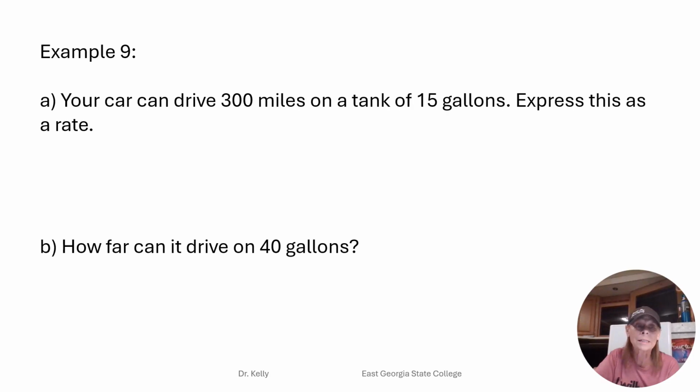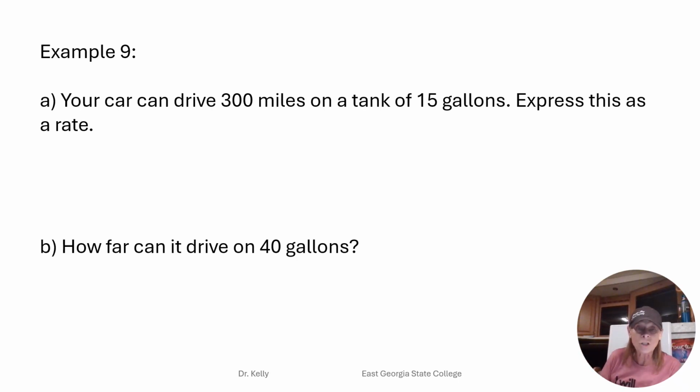Let's look at the next example. The next example says your car can drive 300 miles on a tank of 15 gallons. Express this as a rate. So this is kind of like saying 5 miles per hour, but this is 300 miles per 15 gallons of gas.